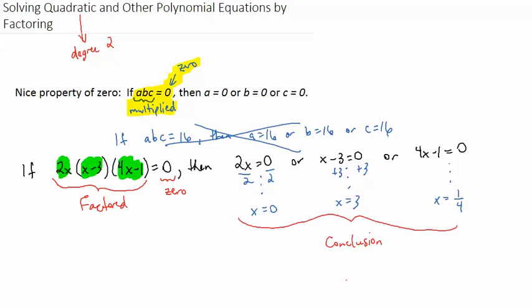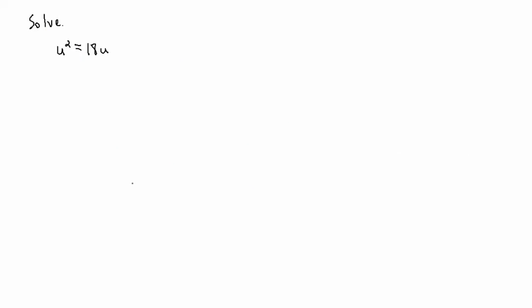Let's work some problems where we actually factor now. So here's an equation, u squared equals 18u. And see how this is a higher degree than 1. That tells us we're going to have to use factoring and the 0 property that we learned.